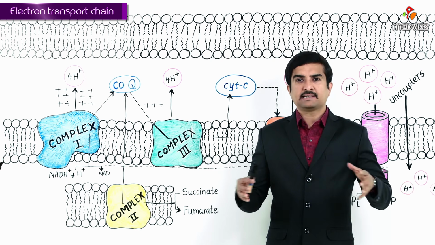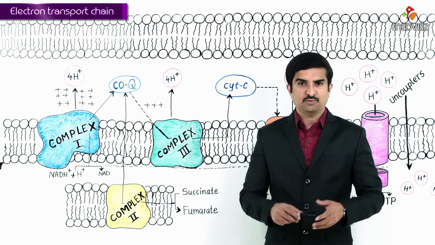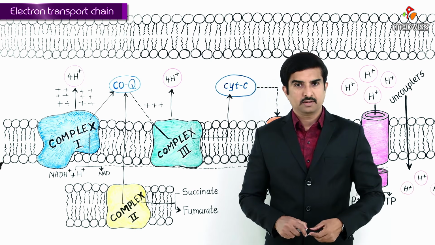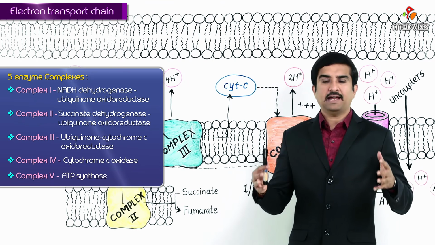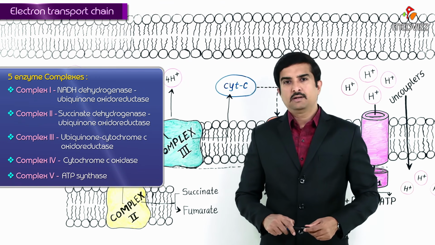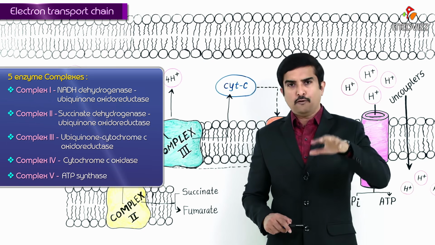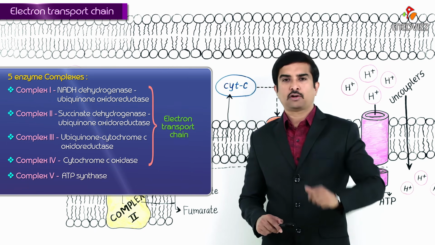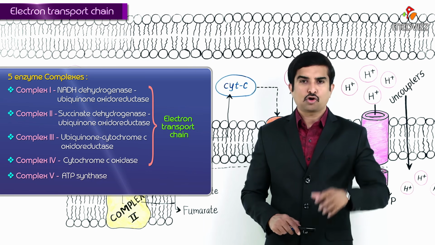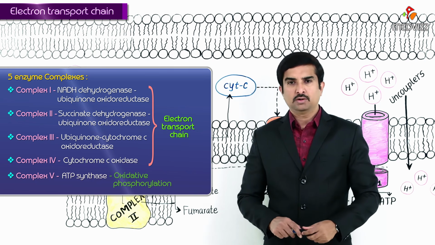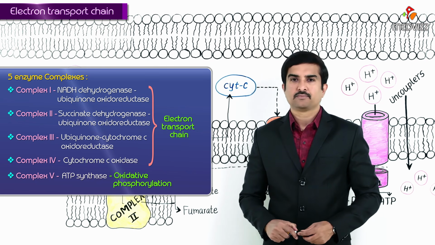And for the entire series of electron transport as well as synthesis of ATP, we have a total of 5 enzyme complexes. Out of the 5 enzyme complexes, 4 belong to the electron transport chain, and complex 5 belongs to oxidative phosphorylation.